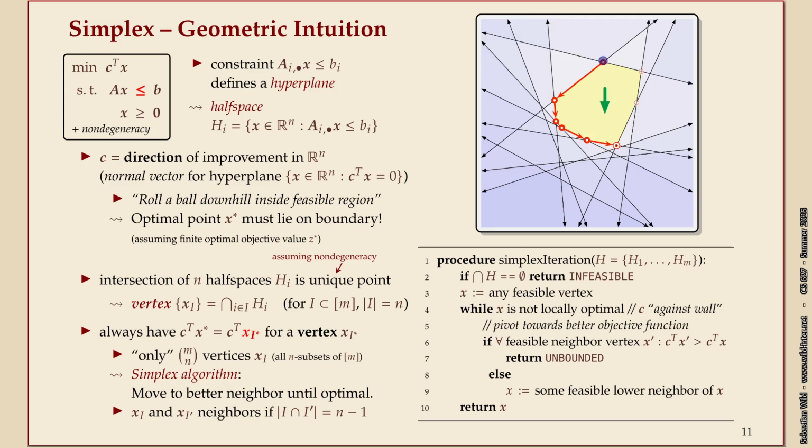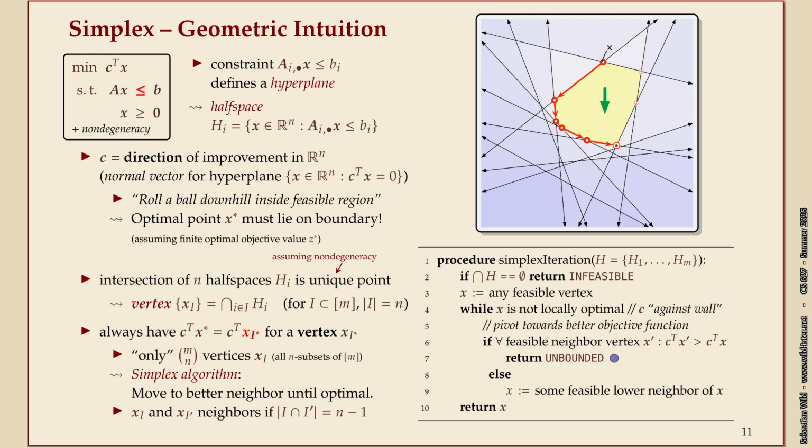So suppose you're starting here with your x, and then you look if x can be improved, or if the green direction is hitting a wall, is going against some constraint. If that's not the case, then you can locally improve it. And here's a funny bit: if all the neighbors that are feasible are actually strictly worse, but you still can't locally improve, then the problem is unbounded.